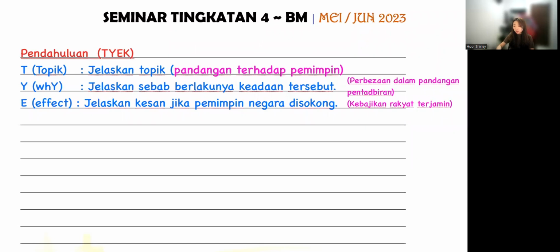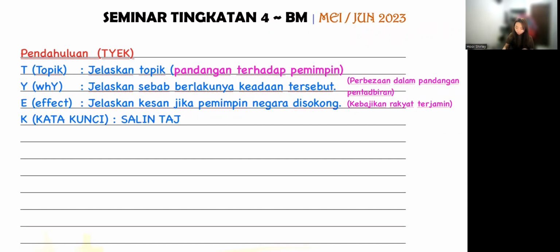Okay, then the last one, the K here is the kata kunci. If it's for kata kunci, it means you will need to repeat the tajuk. So the last one is the kata kunci. Salin tajuk. Tajuk means your kata kunci plus topic.